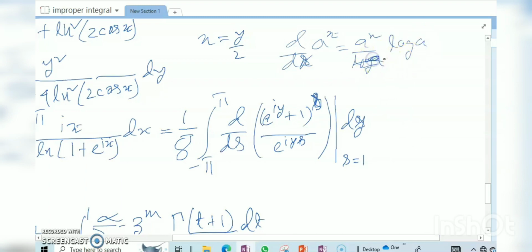Okay, so it is t, not a. It is t, and it is y by e to the power y, s equals to 1.